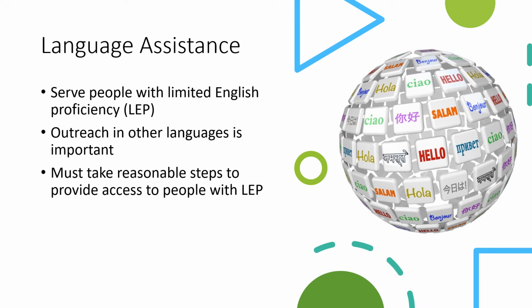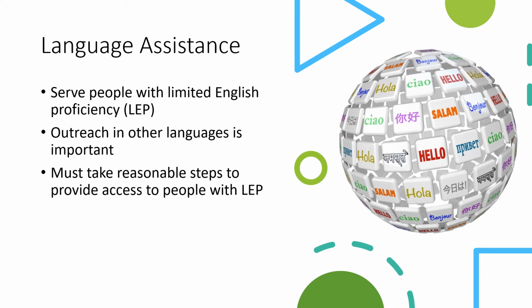Outreach in other languages is important. Recipients of federal financial assistance have a responsibility to take reasonable steps to assure meaningful access to the information and services they provide based on the following factors.